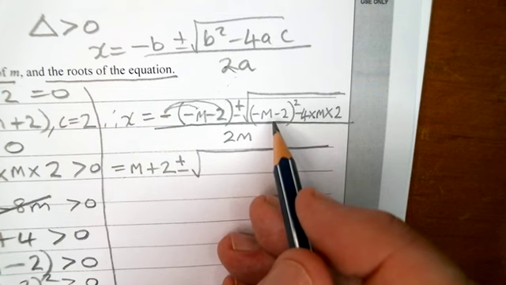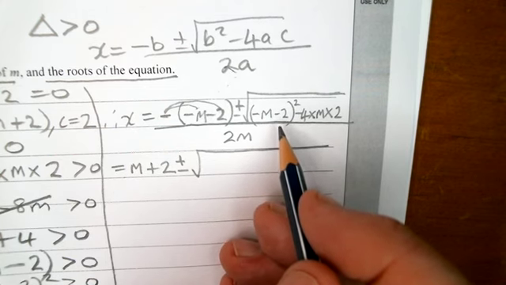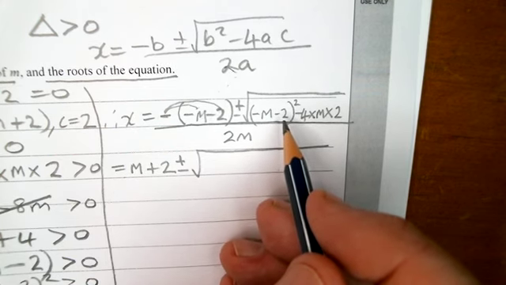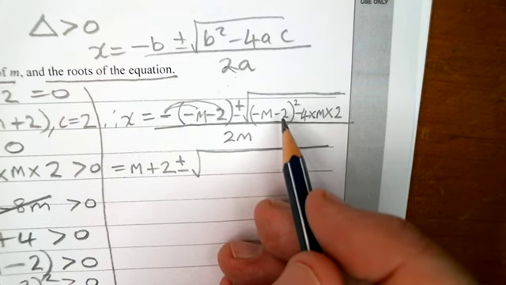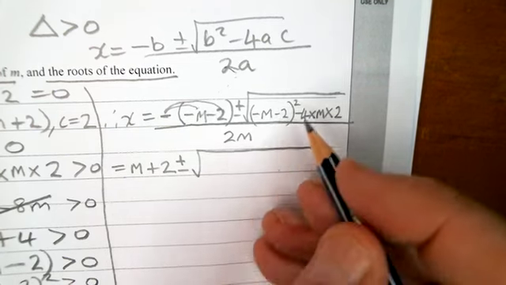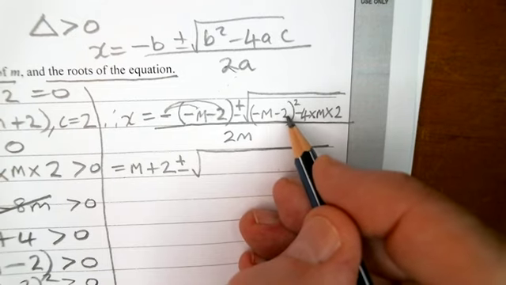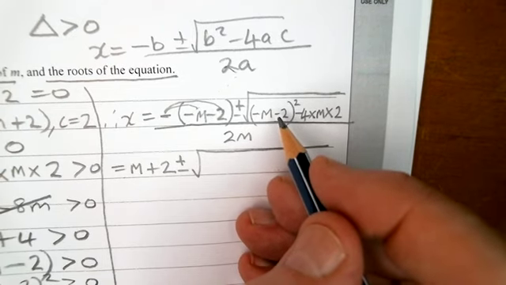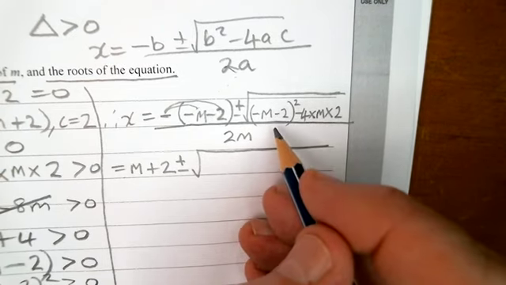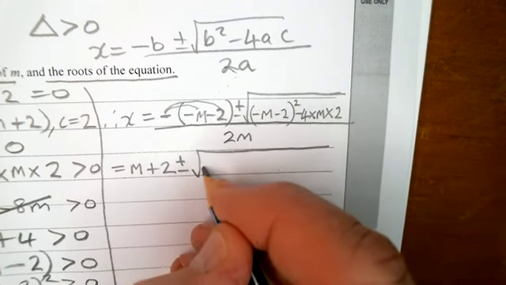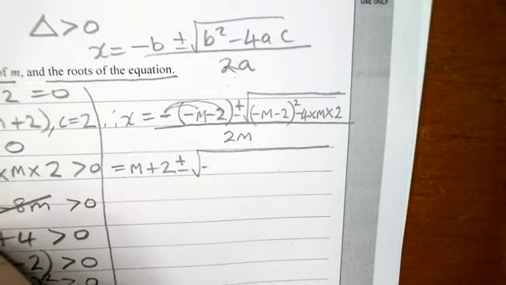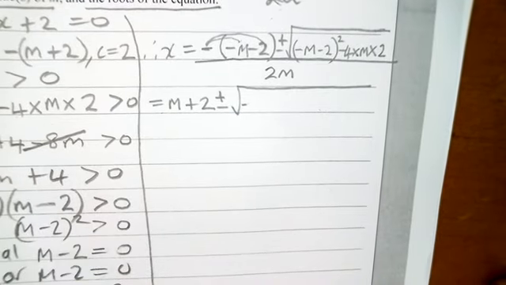So let's just see the best way of actually saying that. Have I actually written that correctly? Yeah. So this is going to be negative m times negative m, minus 4 times m times 2. Well, we know what negative m times negative m is. It's going to be m squared.